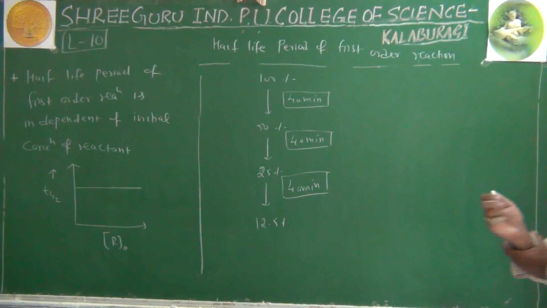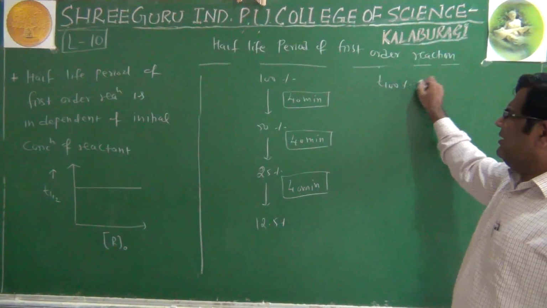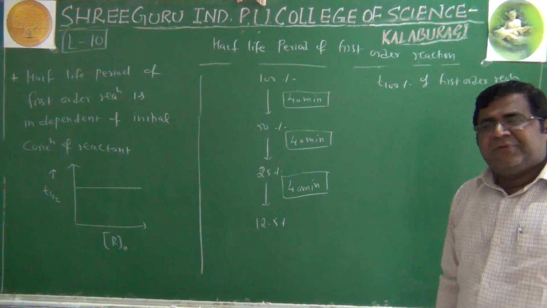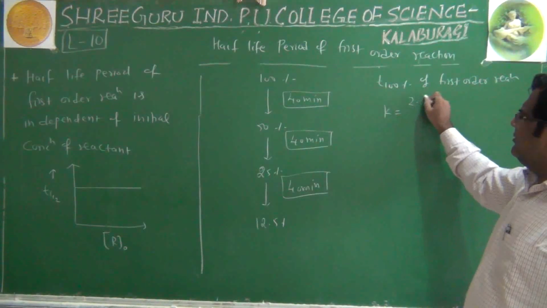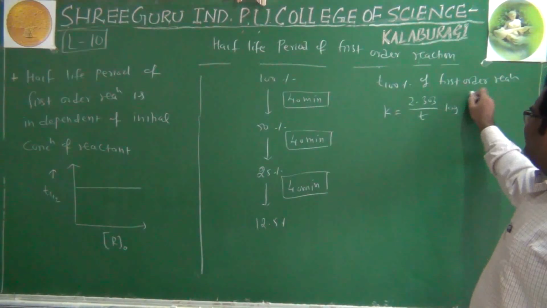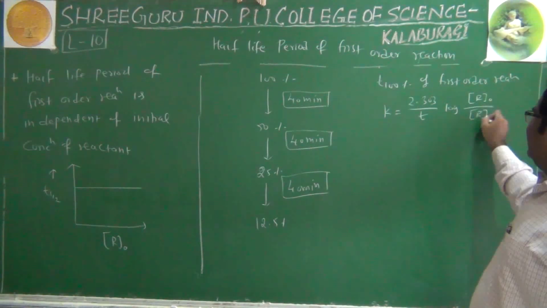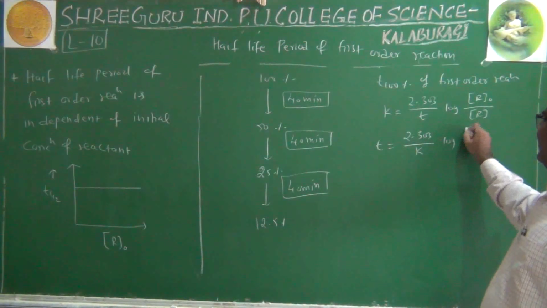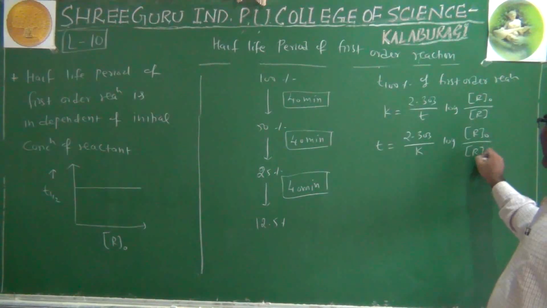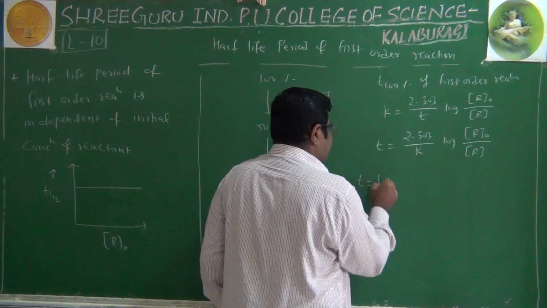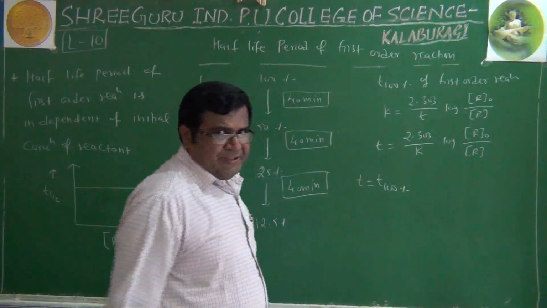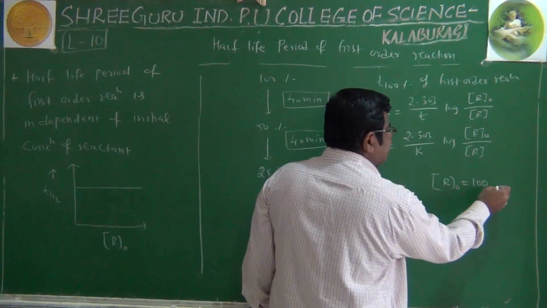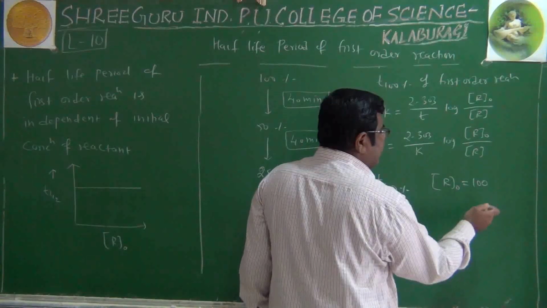Now last thing, if we try to understand what is the t100% of a first order reaction, we have to look into this equation: k = 2.303/t log of R0 by R, so t equals 2.303/k log of R0 by R, and when t equals t100%, R0 is equal to the initial concentration, say 100 moles per liter.